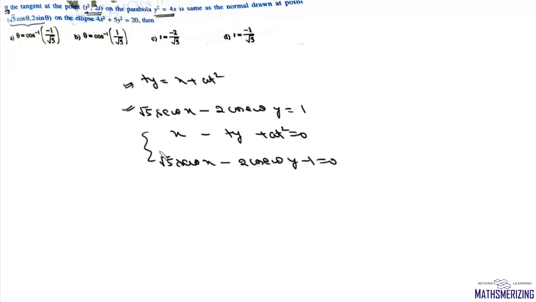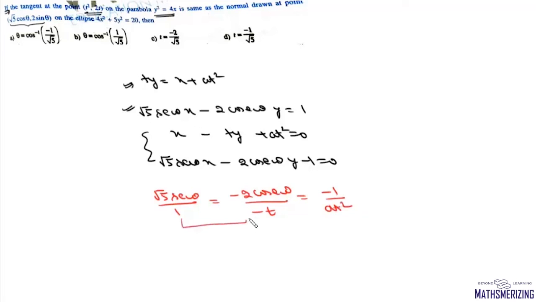Now since they are coincident lines, we can write root 5 secant theta upon 1 equals minus 2 cosec theta upon minus t, and it will be equal to minus 1 upon at square.